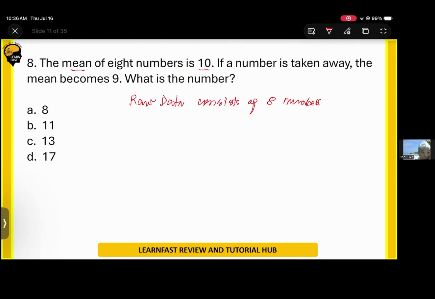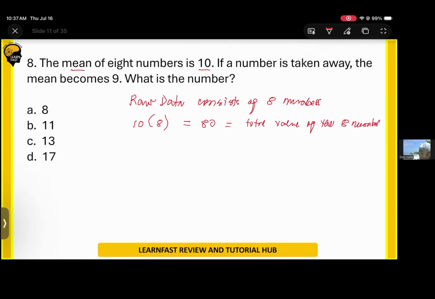So therefore, what you do is the mean, which is 10, is multiplied to 8 sets of numbers. That would be 80. Okay, so 80 is the total value of the 8 numbers.